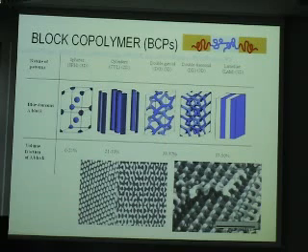This slide shows when we change the relative length of the block polymer, then we can create, starting with the lamellar structure when we have 50% A and 50% B, to less than 20% A, various thermodynamically stable microstructures.